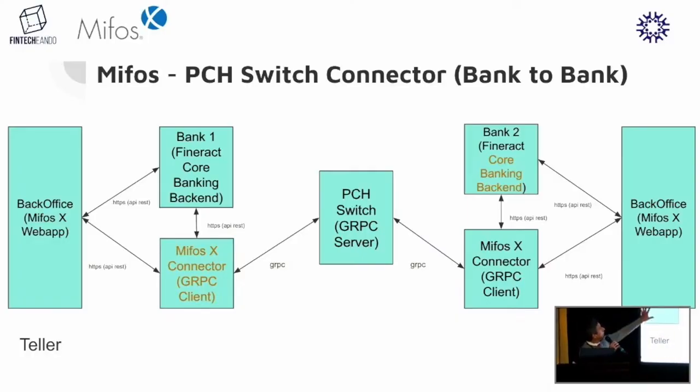We have the Mifos back office, we have Fineract, which is our backend, and then we have the Mifos X connector, which is a gRPC client connected to the PCH switch using the gRPC protocol. Then we can reach another bank in order to send and receive transfers using the same architecture.